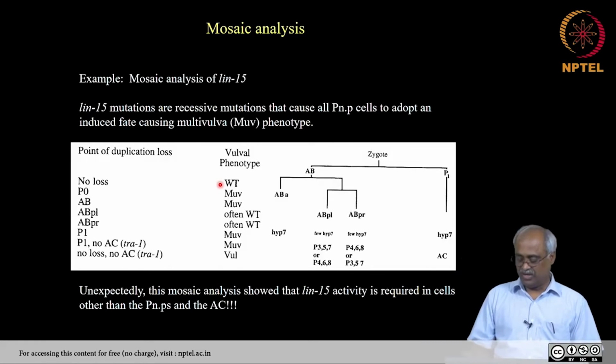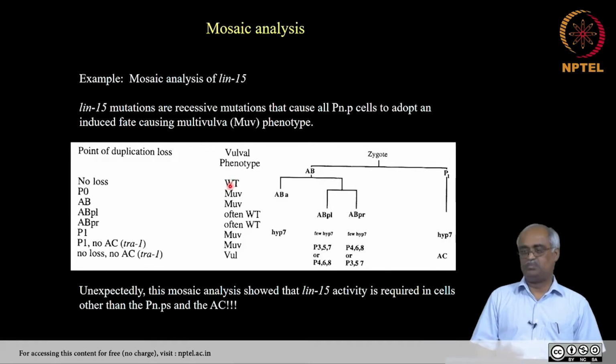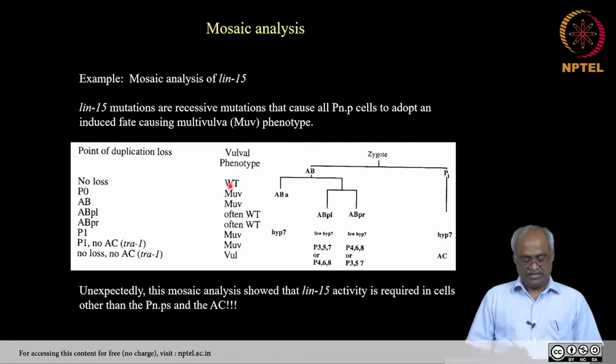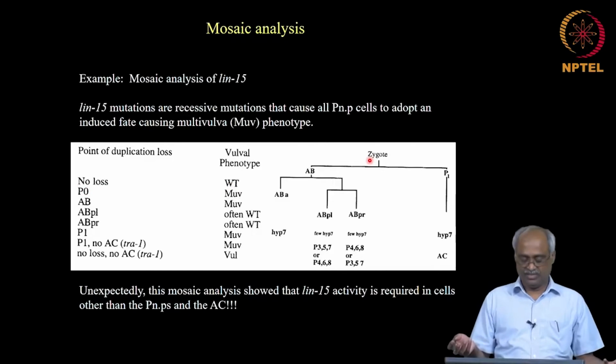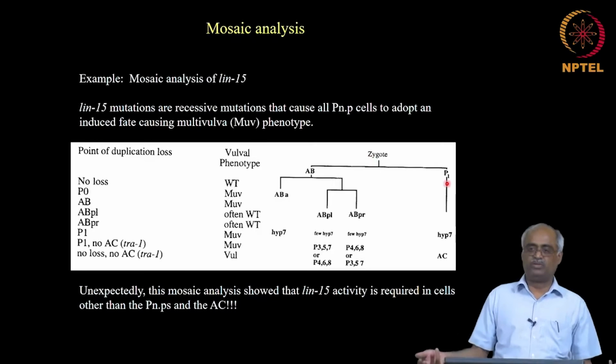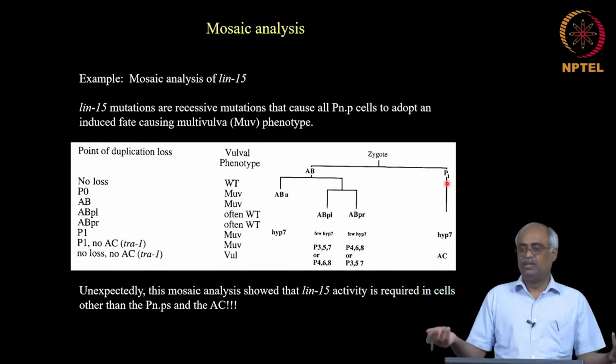That is going to develop into wild type, making one single functional vulva. Now you find an embryo in which P0, that is in zygote itself, it was lost, like AB and P1 both had enlarged nucleolus. It is going to be Lin15 homozygous, so multivulva.